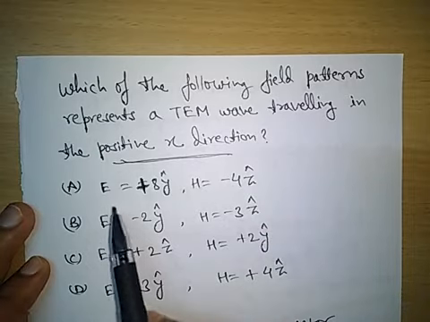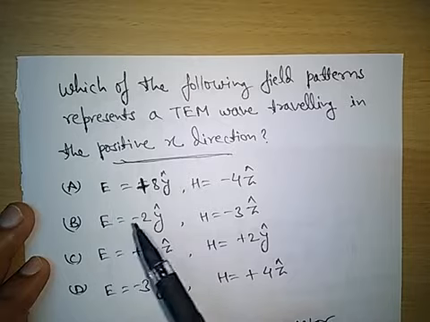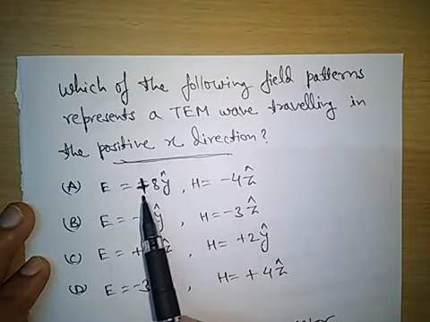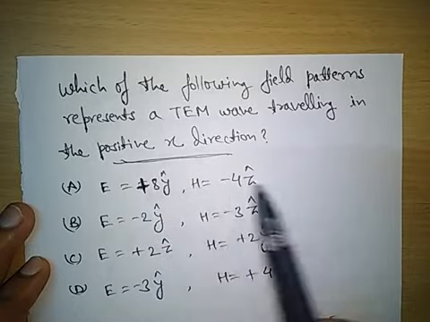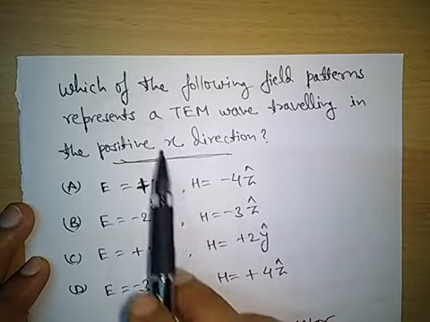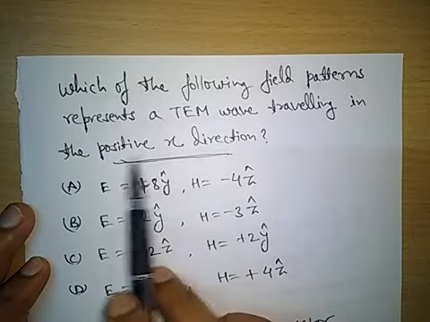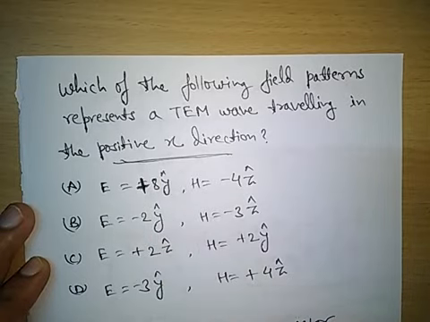So we will try to determine the TEM wave direction using these components, and once we get the TEM direction, we will check whether it is in x direction or not. If it is in positive x direction, then that will be the correct option.